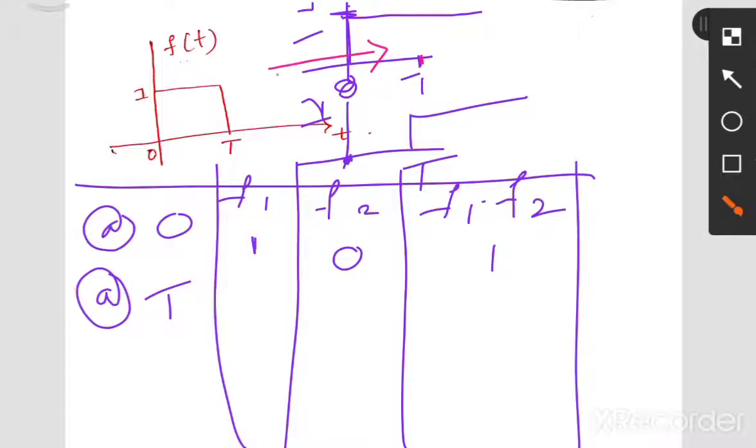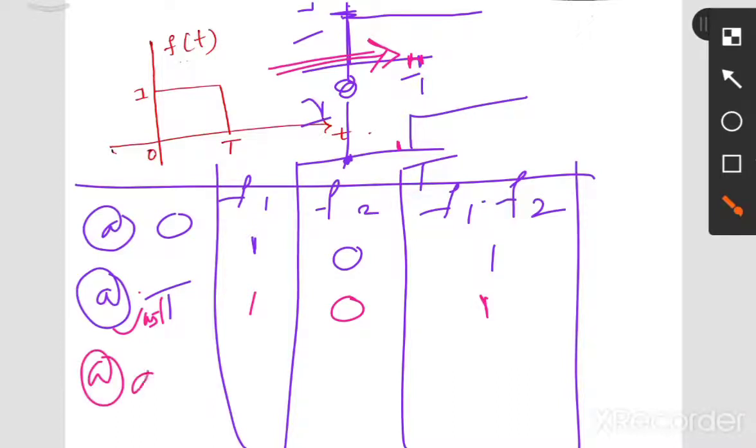The step function is defined as f of t equal to 0 for t less than 0. In the graph, where t is less than 0, this signal will be 0, meaning the signal will not be there.